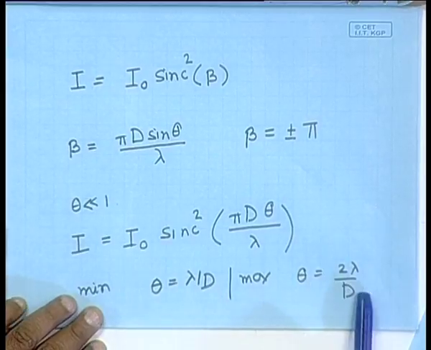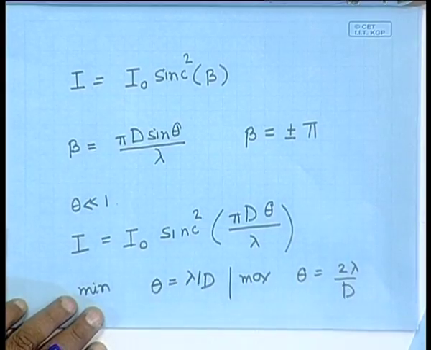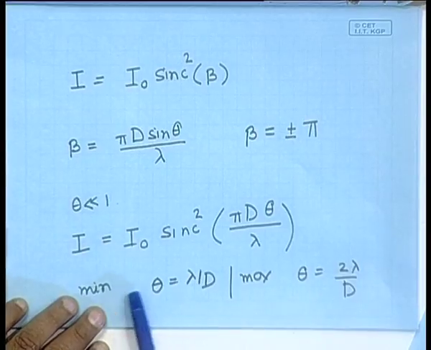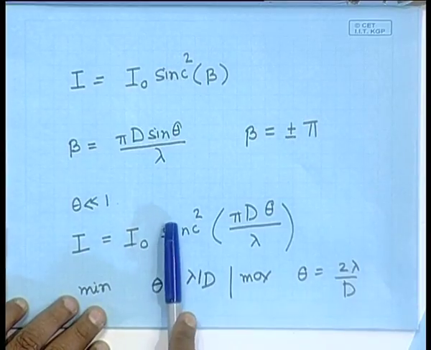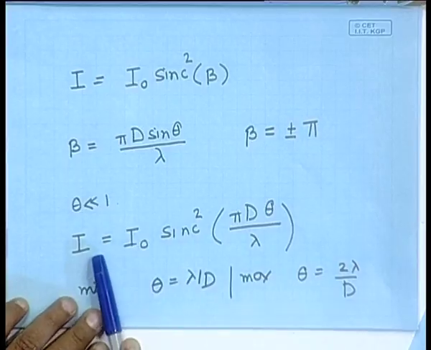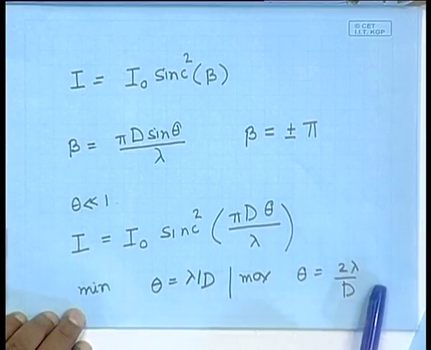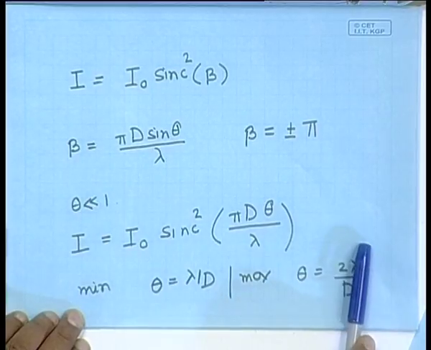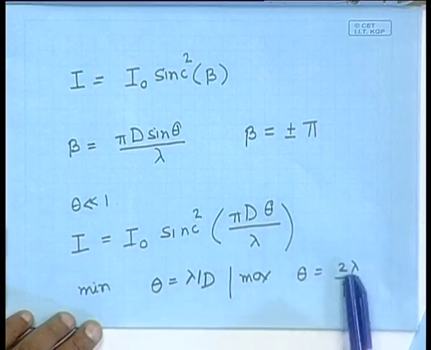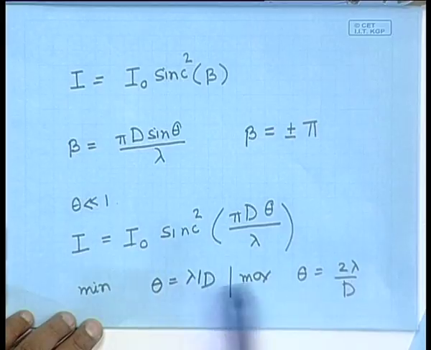The smaller the value of d, the larger is going to be the width of the first maxima, of the primary maxima that comes out. The larger is going to be the spacing to the first order maxima. So, these are going to get larger and larger.